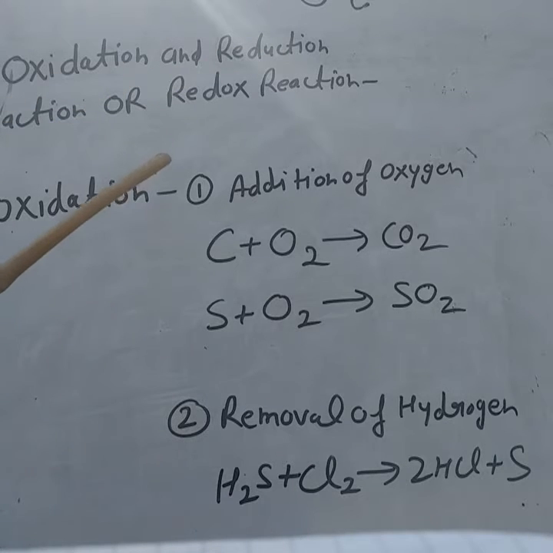The combination of oxidation and reduction reactions is called a redox reaction. Oxidation is the first step and reduction is the second step, each being a half reaction. So oxidation and reduction combine to form a redox reaction.